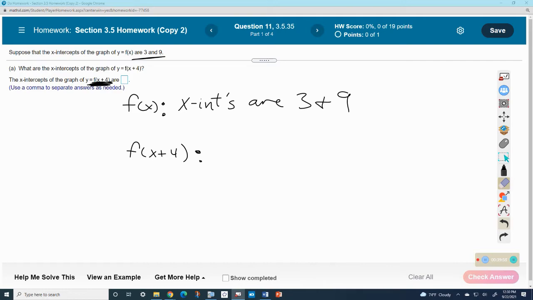What does the plus 4 do? What is that plus 4? A, B, C, or D? It's C. So C is 4.